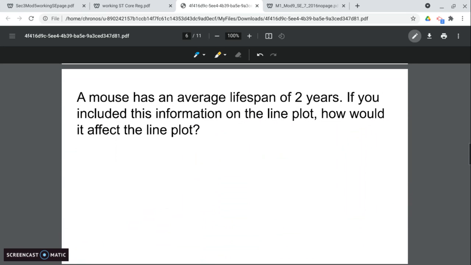A mouse has an average lifespan of 2 years. If you included this information on the line plot, how would it affect the line plot?